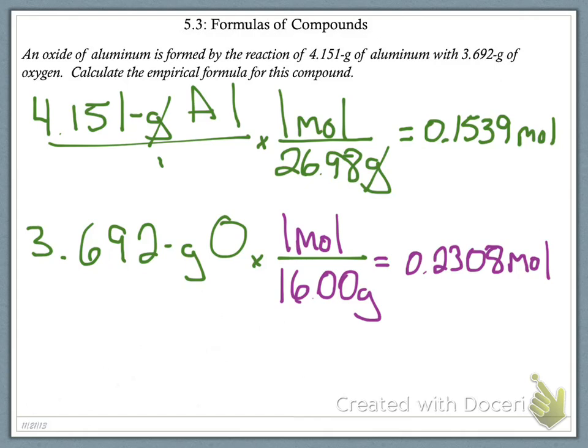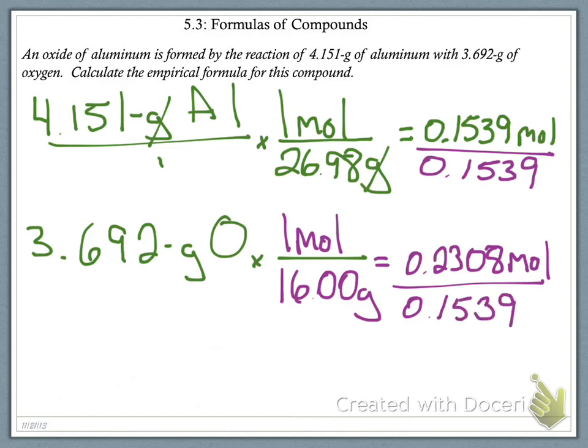Now, step 2 of the process says to take the smallest amount of moles and divide that by each of the elements present. This is like we're finding a relative mass, like we did with the hardware example. So I'm going to take each of these and divide them by 0.1539.